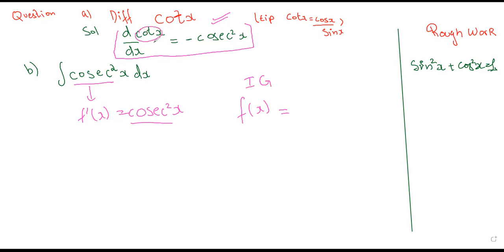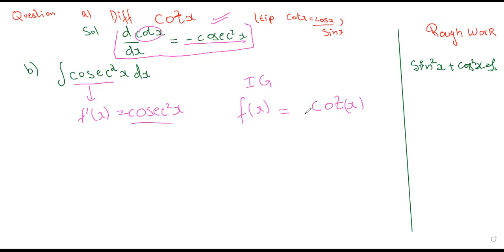Now, the initial guess is cot x. We say that, okay, cot x is a function, but when we differentiate cot x, we get minus cosecant square x. And here we have simply cosecant square x. So we need to modify this function. So how would we modify it?